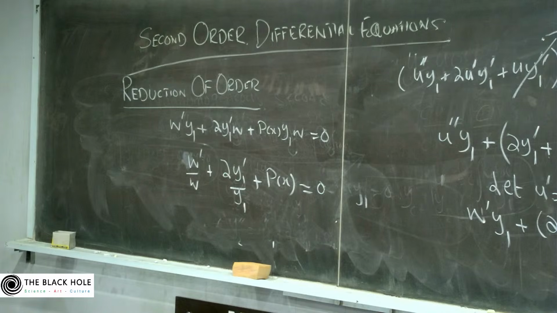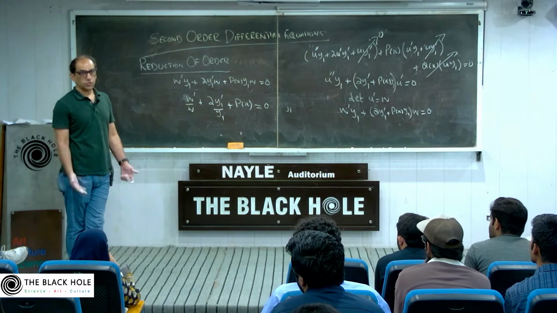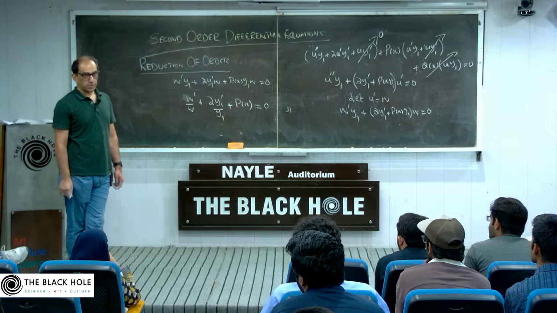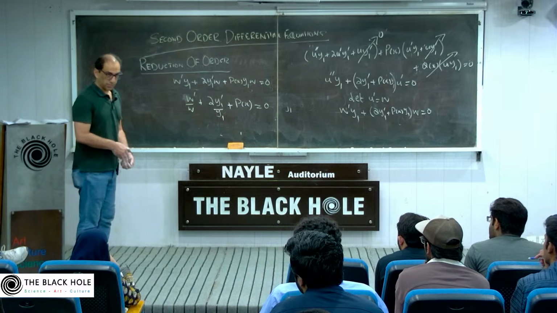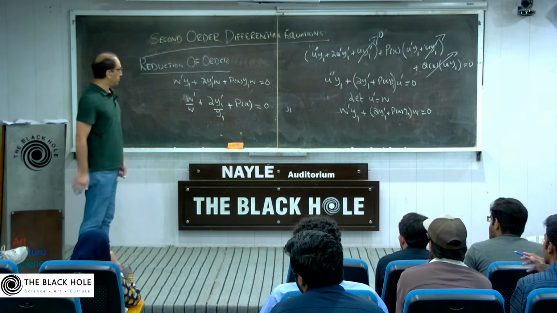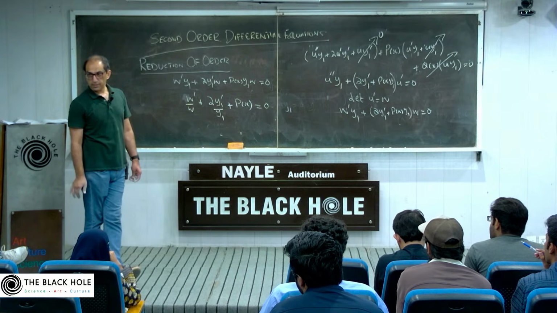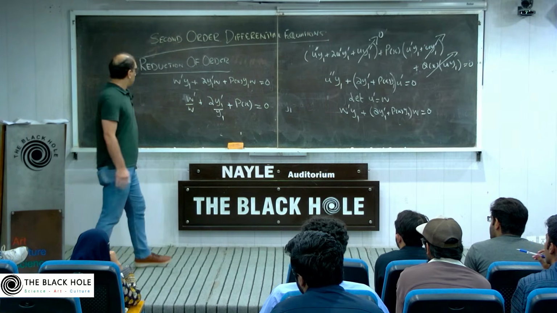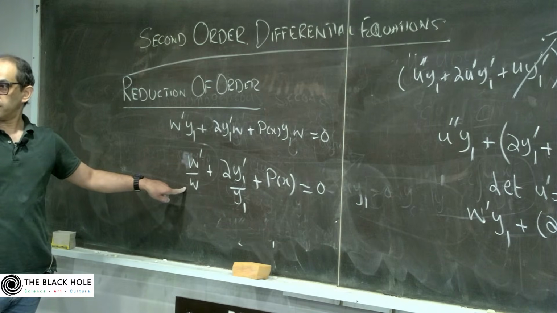Can I make any other simplification so that I can make it integrable? Yeah, separable you can say, but just to integrate it, this is still not integration friendly. Why is that? Because this dw over dx is not dw over w.